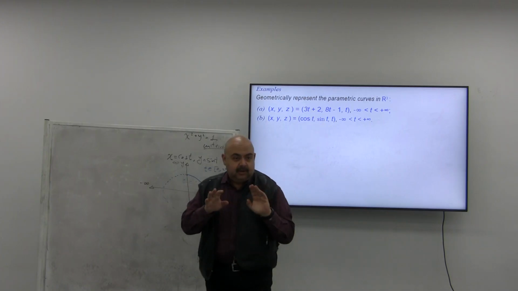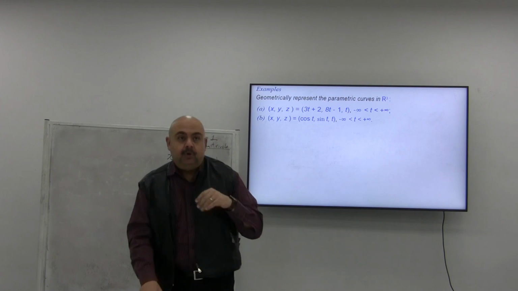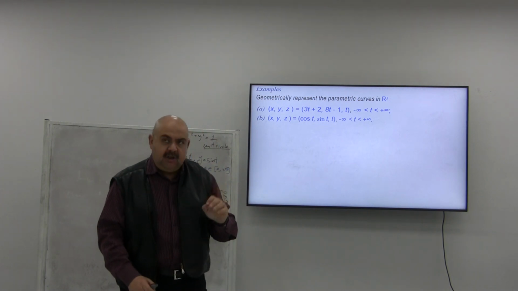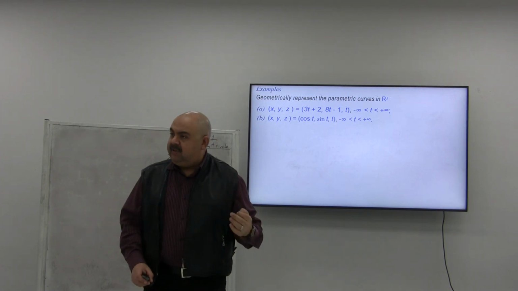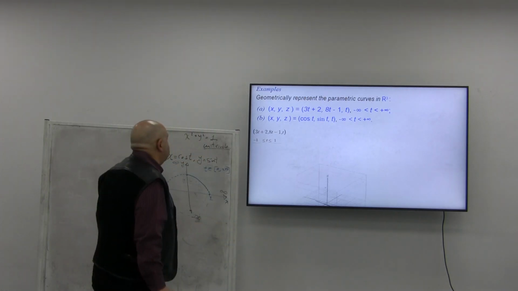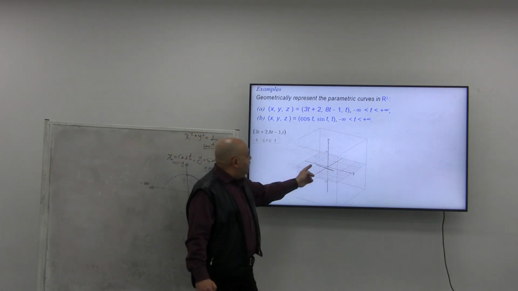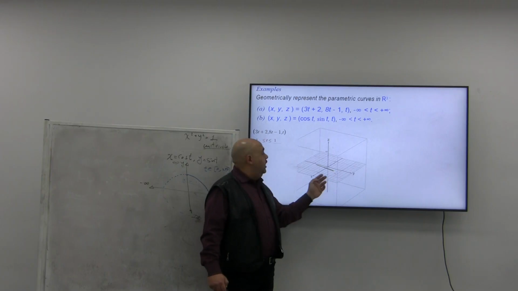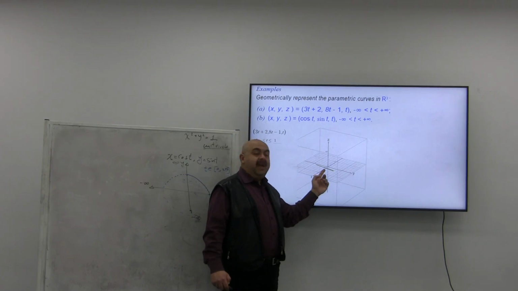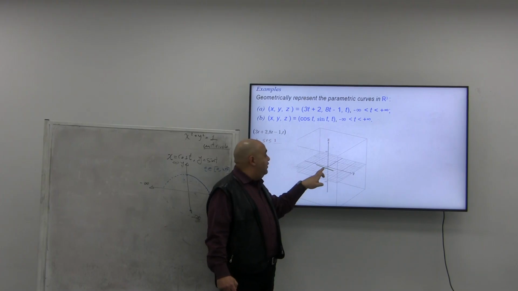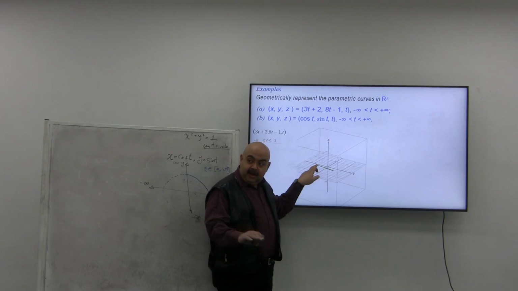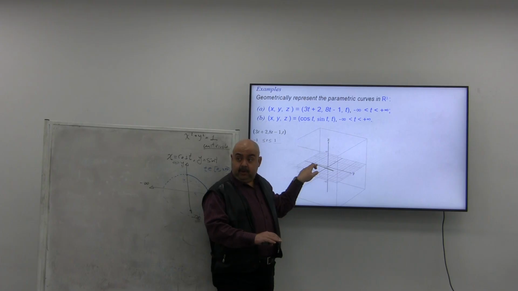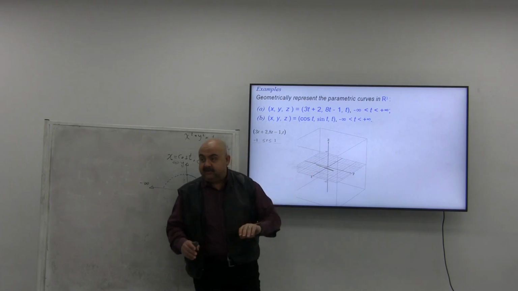Even if you don't remember this, if you insert t for some points from negative infinity to positive infinity, you'll see it's going to be a straight line. And if you notice, it's actually cutting the xy plane. So you have a part of this line beneath the plane at z equals 1, and the other part is above z equals 1.